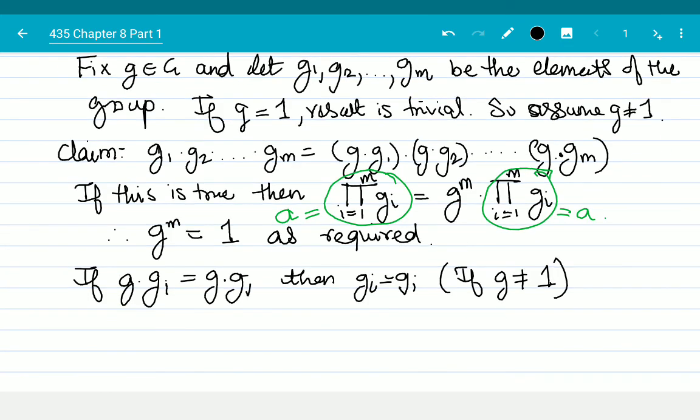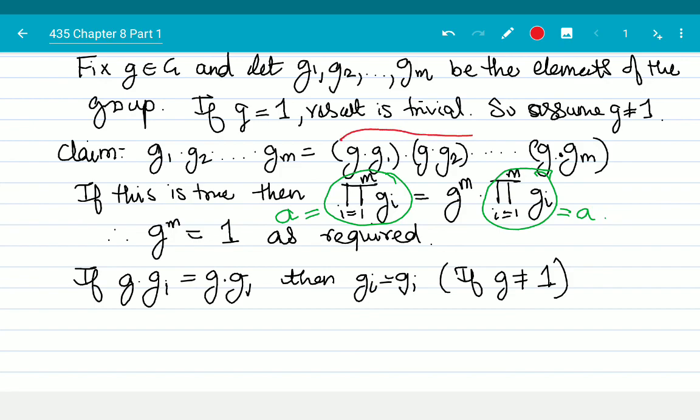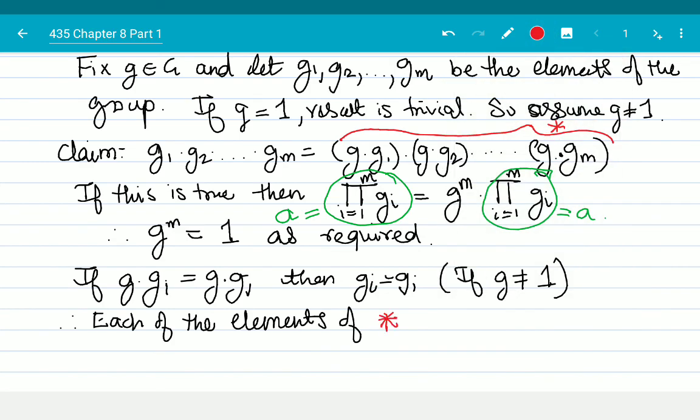We have this. What that means is each of the elements on the right hand side, let me call this star, each of the elements of star is distinct.